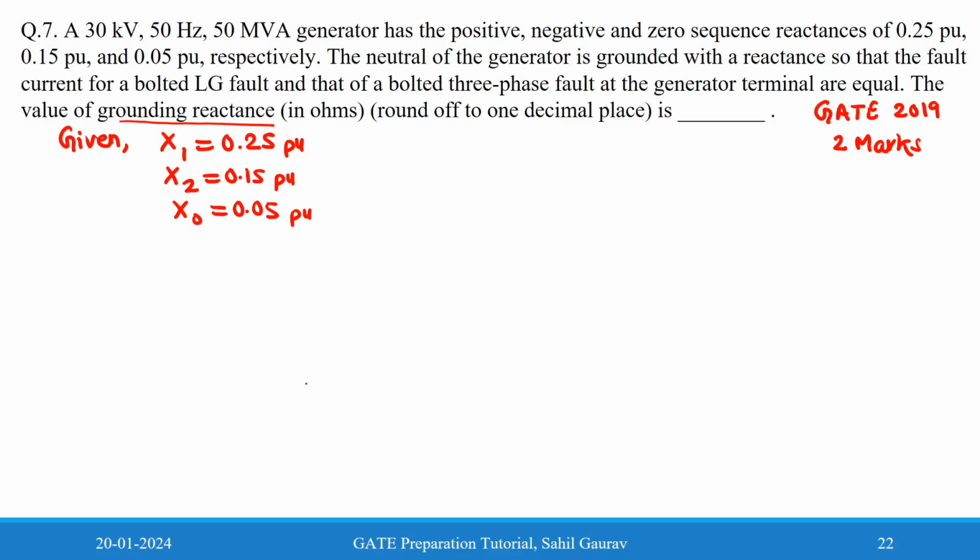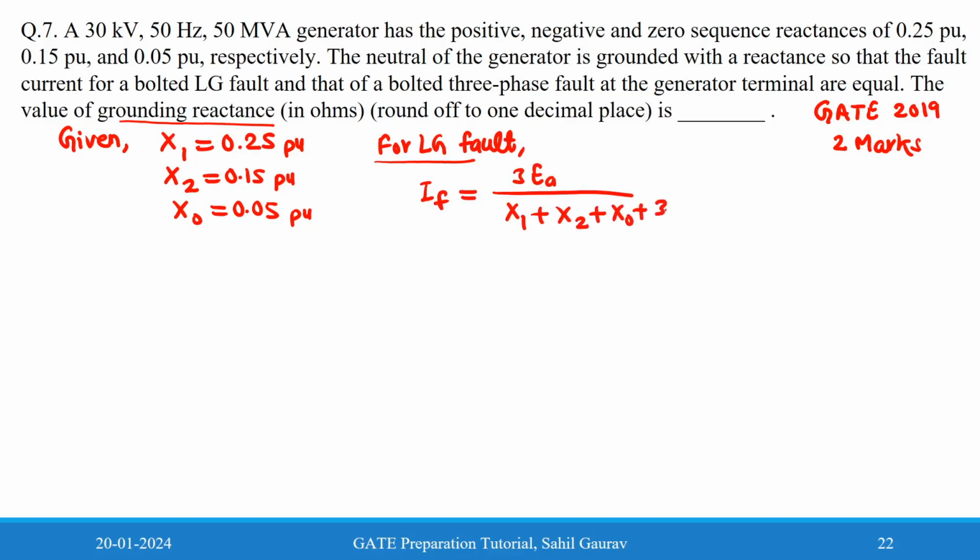For a three-phase fault, zero sequence reactance does not come into the picture, but for LG fault it does. So first, let us write the equation for LG fault. The fault current IF is equal to 3 times EA divided by x1 plus x2 plus x0 plus 3 times the neutral reactance.